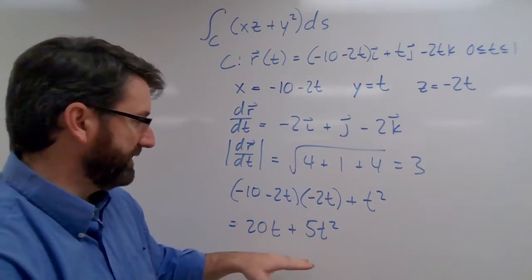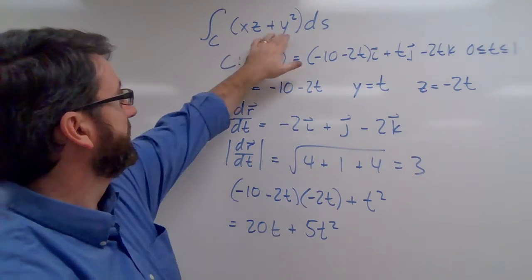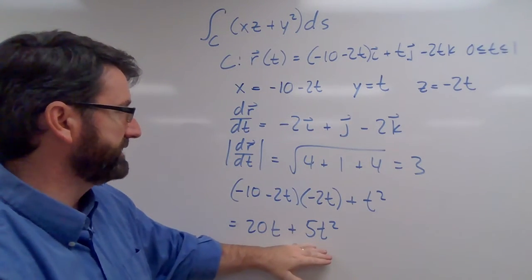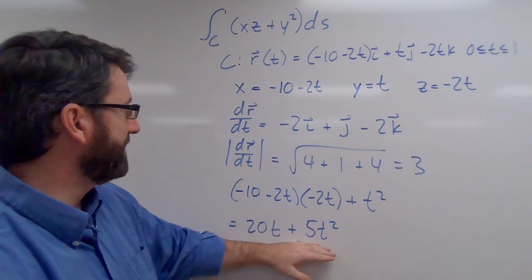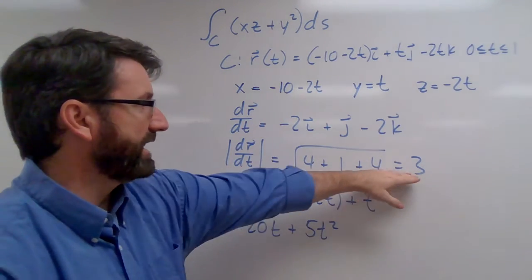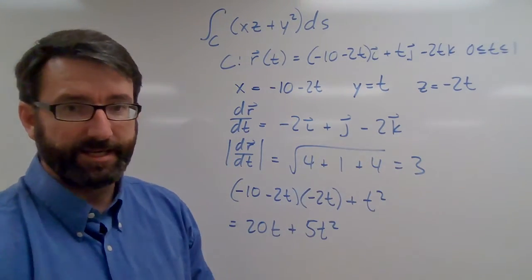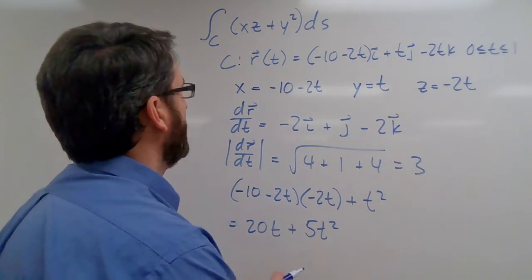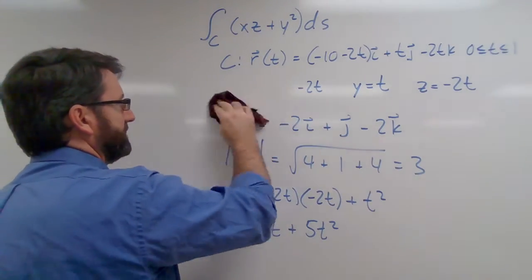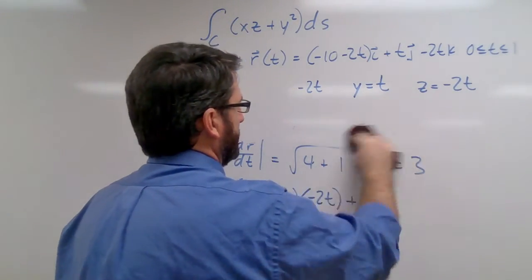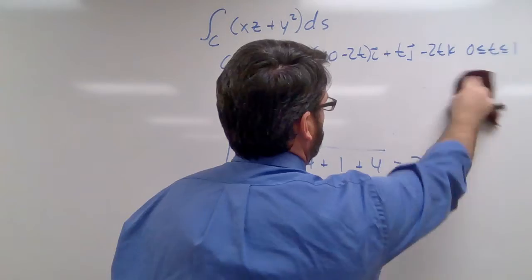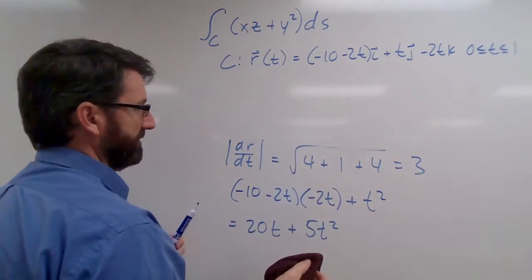So now what we have is this expression in terms of t, and we're going to multiply that times the magnitude of dr/dt, and then times dt. And then we can set this up as just a straightforward single integral, and then evaluate that.